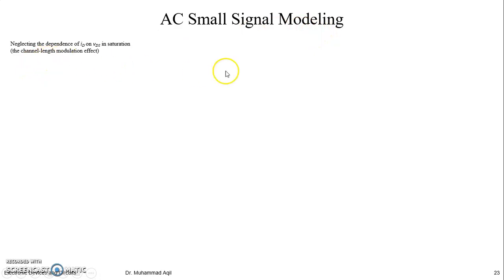I'm not going to derive it as we did in BJTs, but here I will show you only the formulas. The derivation is not included for this MOSFET small signal modeling, but for BJT it would be included.